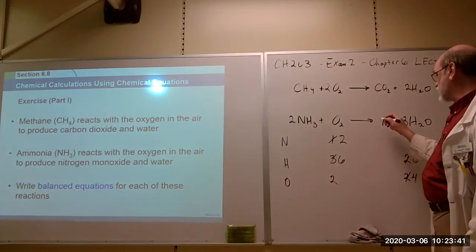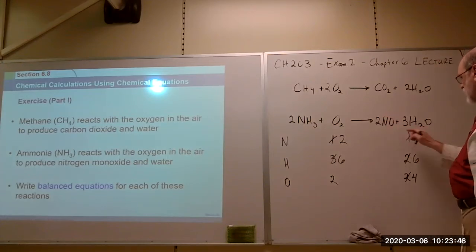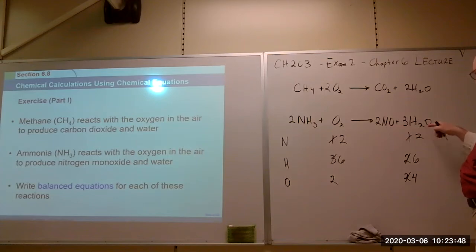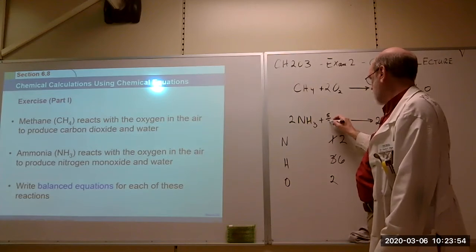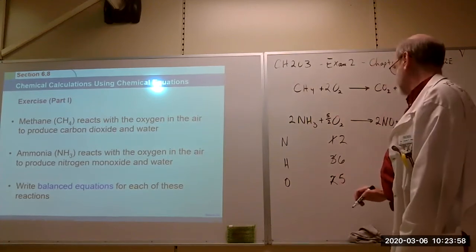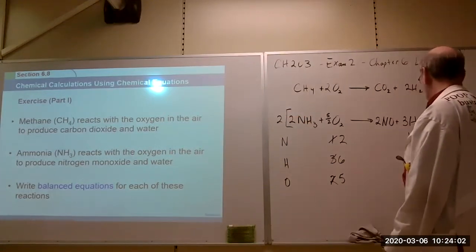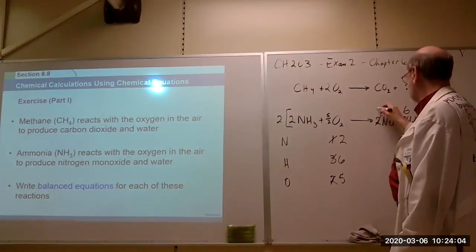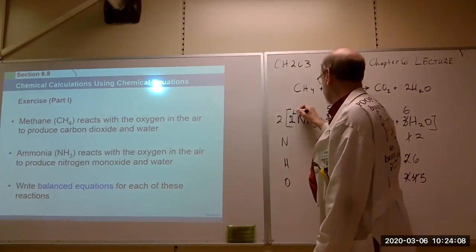But we need 2 nitrogens. So that's 2 here. Now 2 plus 3 is 5. So now we can use our fraction. 5 halves gives us 5 here. Now we're going to multiply the whole thing through by 2. That gives us 6, 4, 5, and 4.